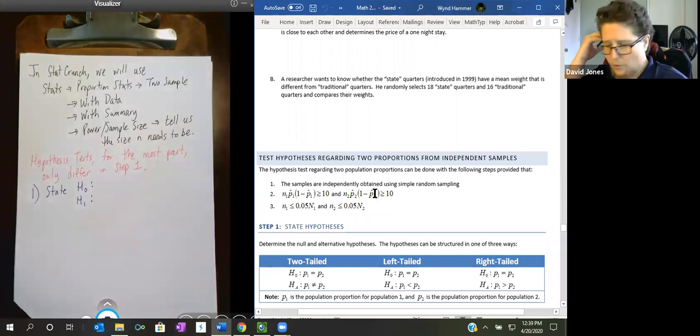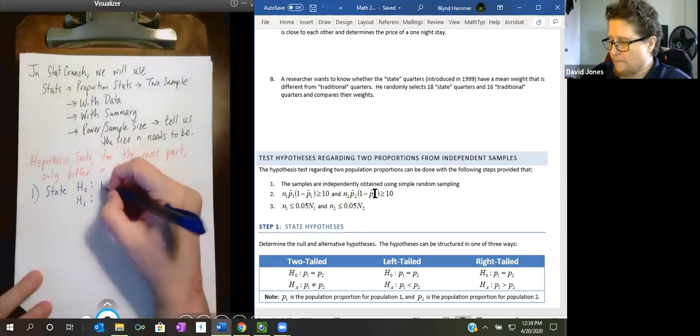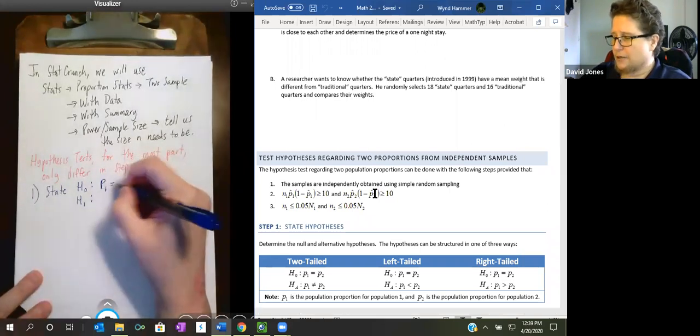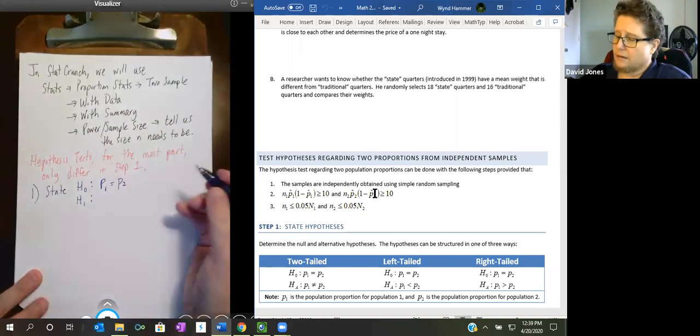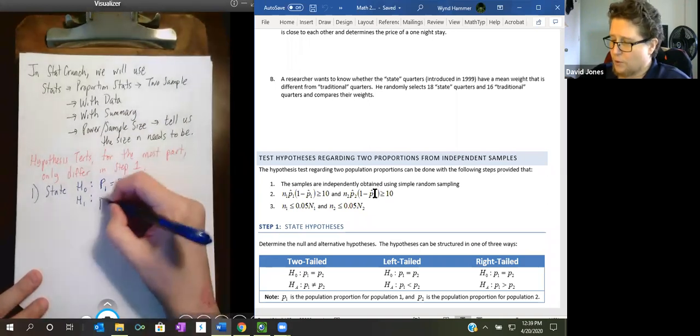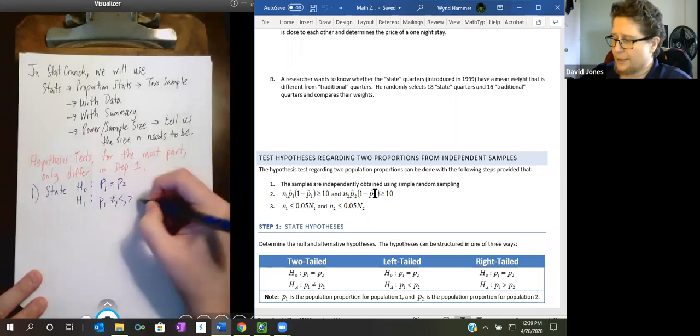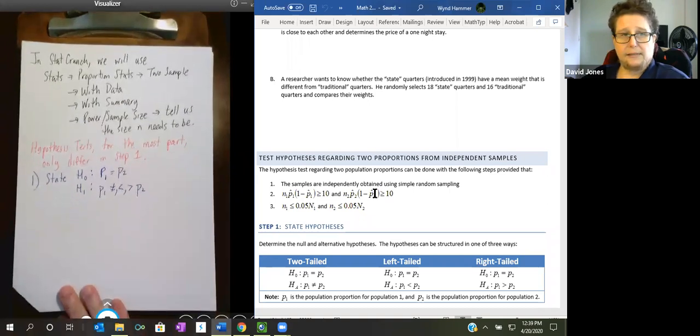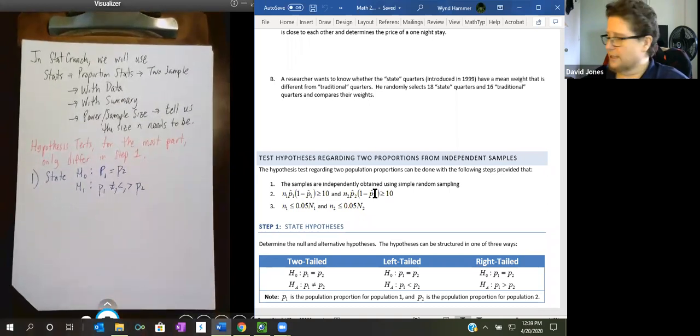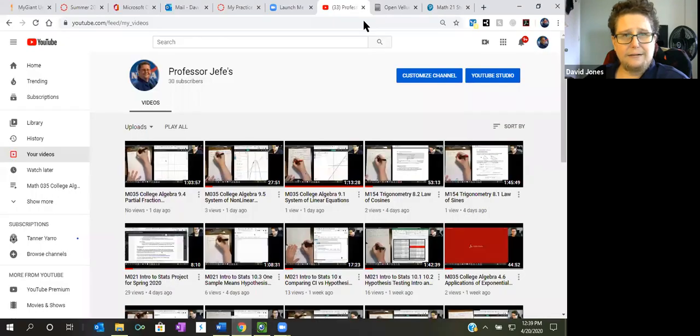Now, the way people in stats normally do it is we say the null hypothesis is P1 equals P2. And then we can have either P1 doesn't equal, is less than, or is greater than P2. You'll see this works a little differently in StatCrunch. Let's bring that up right now.